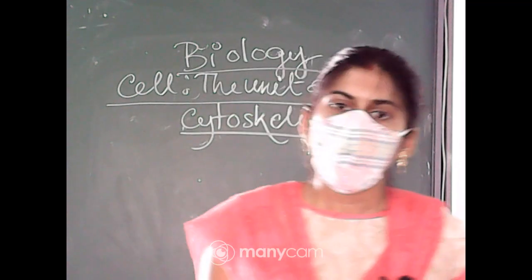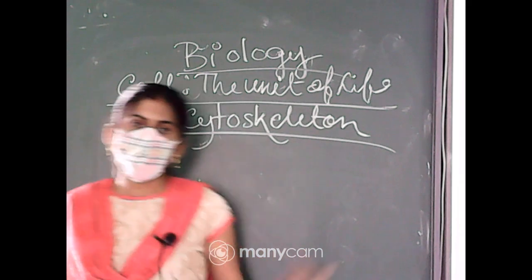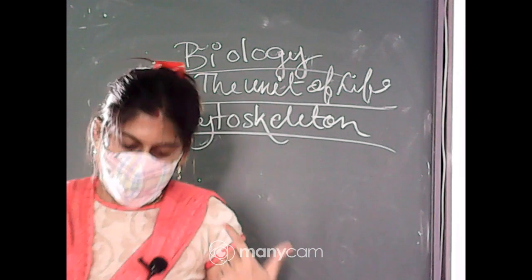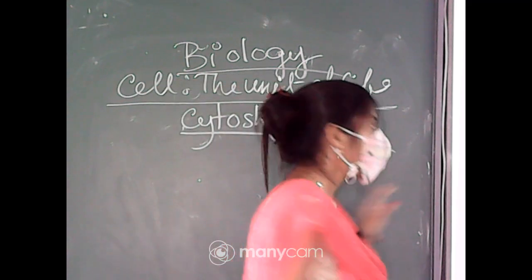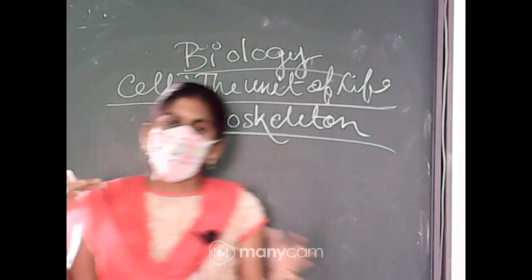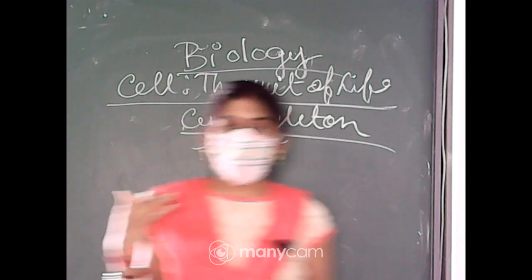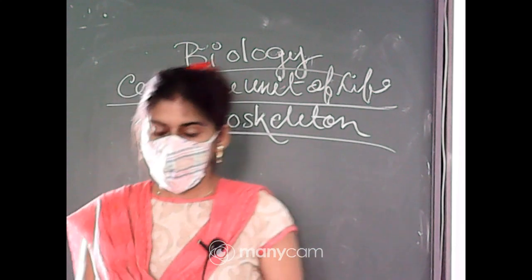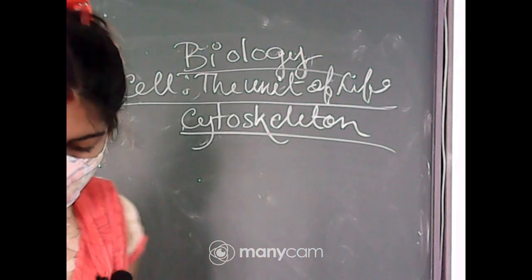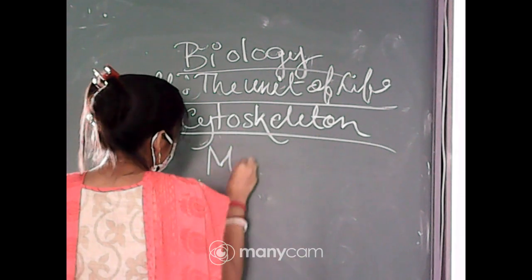These filamentous proteinaceous structures are collectively called the cytoskeleton. Now what is the function of this cytoskeleton? It helps in maintaining the cell shape, cell motility, and it provides support to the cell. In the cytoskeleton, mainly two ultra microscopic structures can be found.